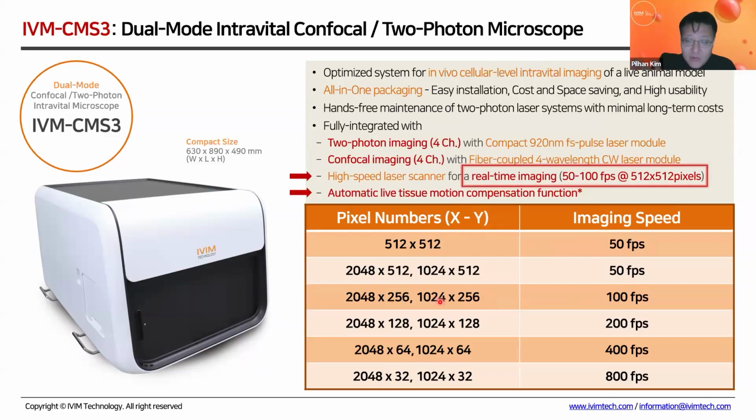And it doesn't really matter how many pixels you have in the x-axis. So we can take this kind of rectangular shaped frames with even higher imaging speed, like 100 frames per second, 200, 400, even 800 frames per second.